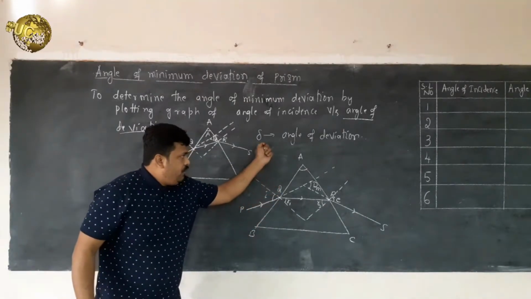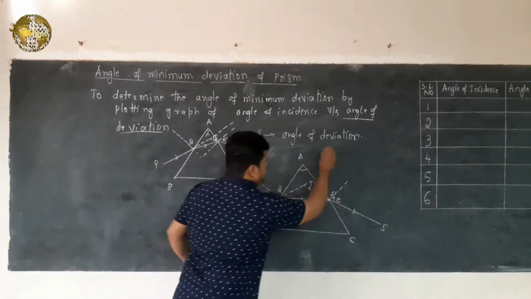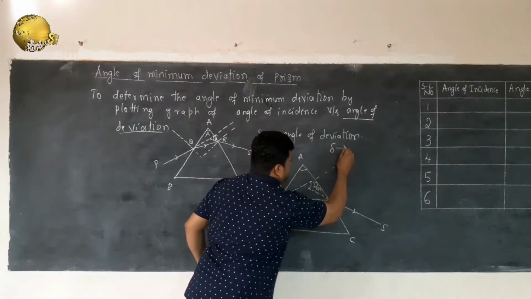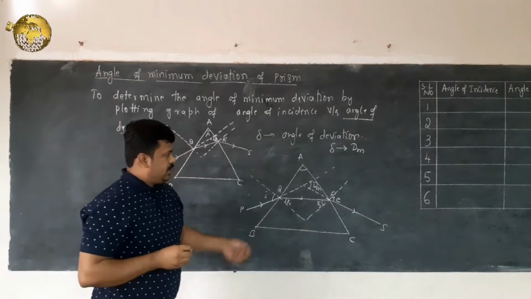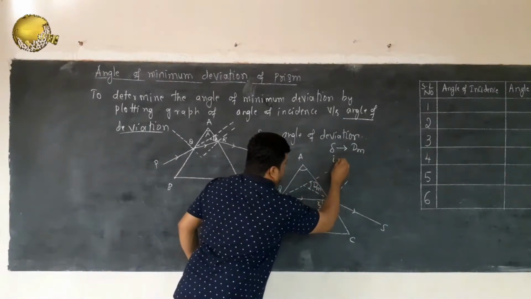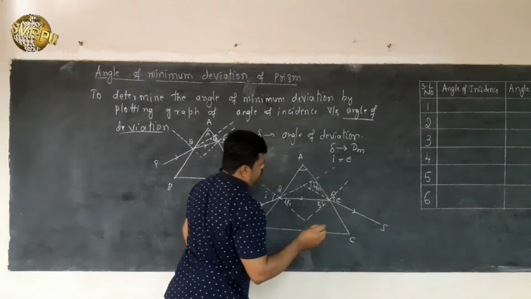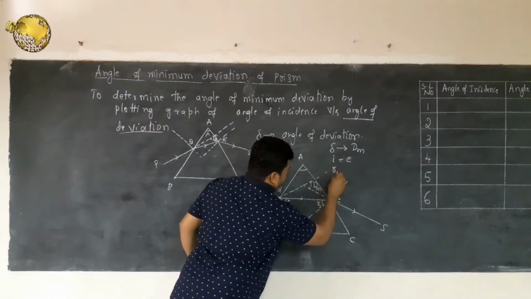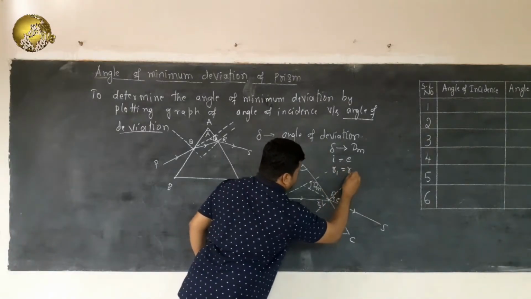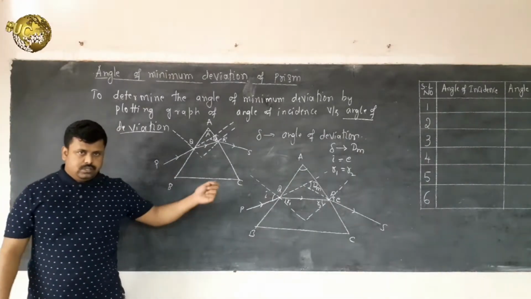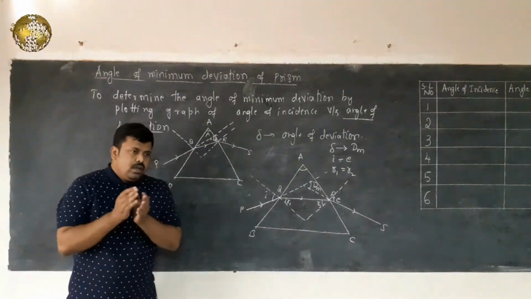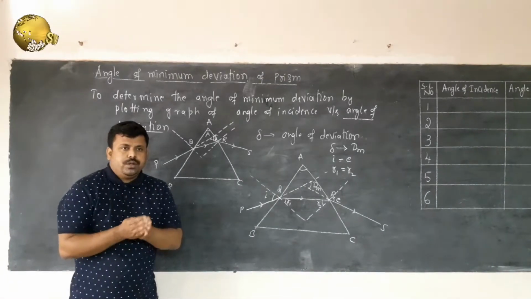When the angle of deviation delta becomes the angle of minimum deviation, the angle of incidence will be equal to the angle of emergence, that is, refraction at the first surface will be equal to refraction at the second surface. This happens at a particular point.